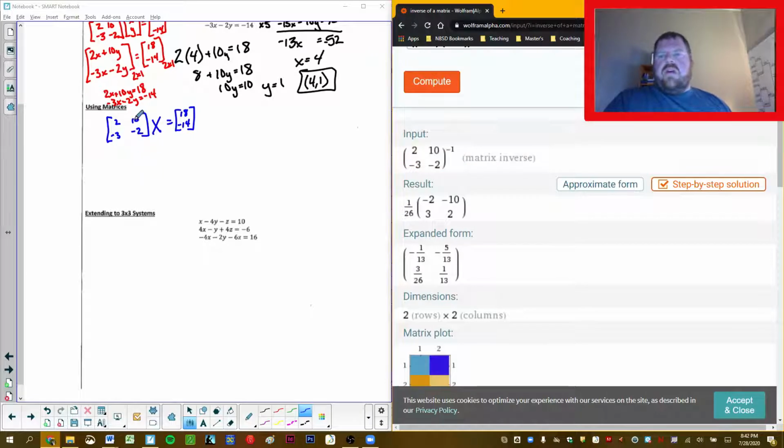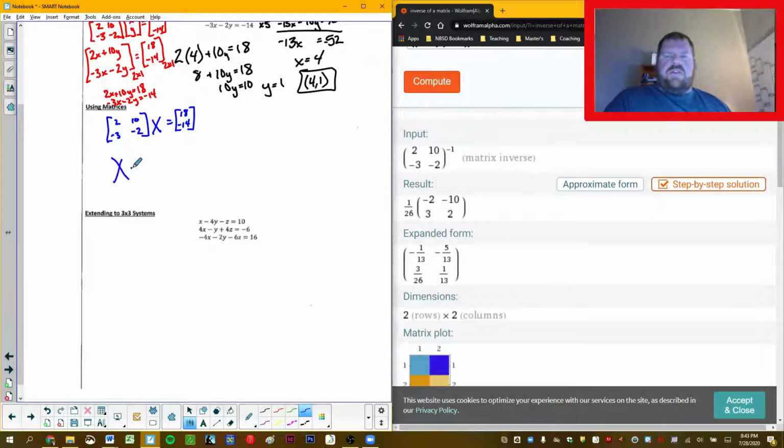We know that when we multiply it on the left over here, these two are going to cancel out. Technically, they give us the identity matrix. And then we're going to multiply them over here. So I want this ugly looking matrix first. I guess that's negative 1/13, negative 5/13, 3/26, and 1/13.